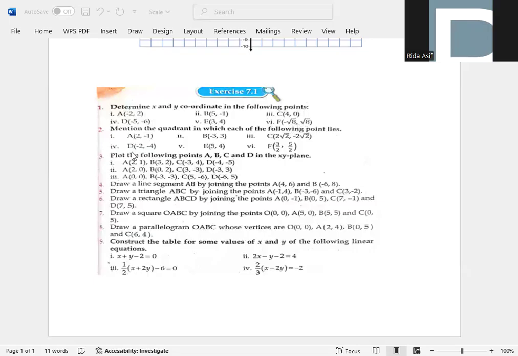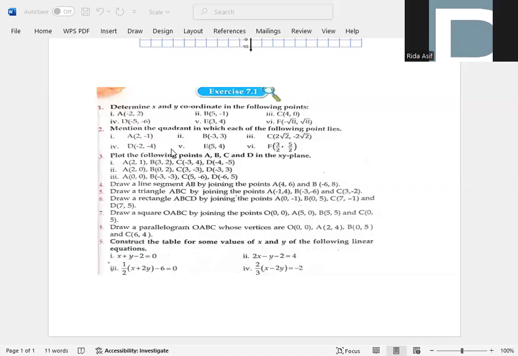Now let's discuss question number 2. Mention the coordinates, mention the quadrant in which each of the following points lies. Now in this question, we have to mention the quadrants, just like first quadrant, second, third, fourth, right?